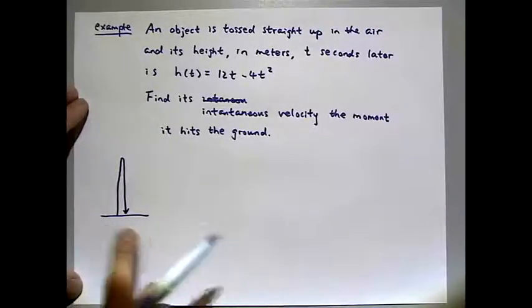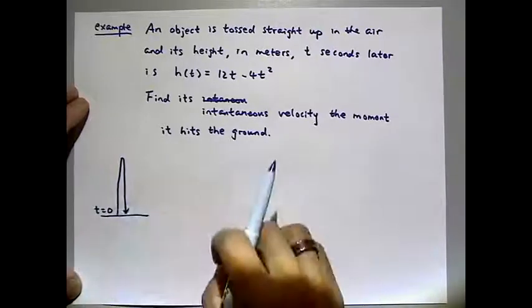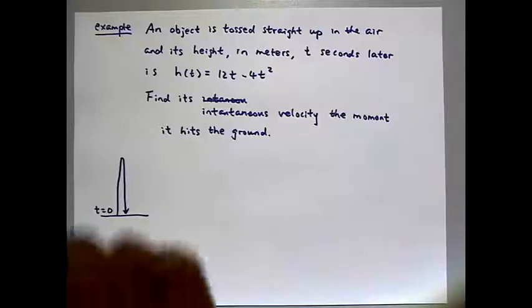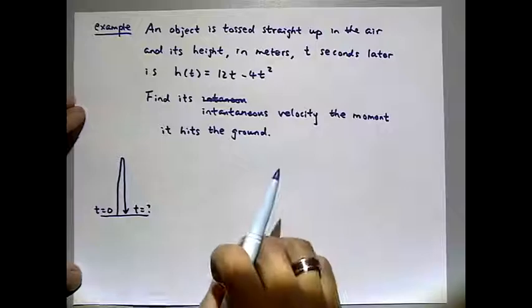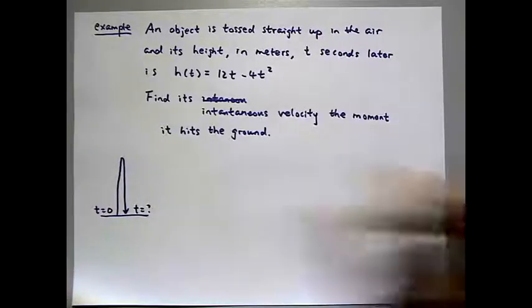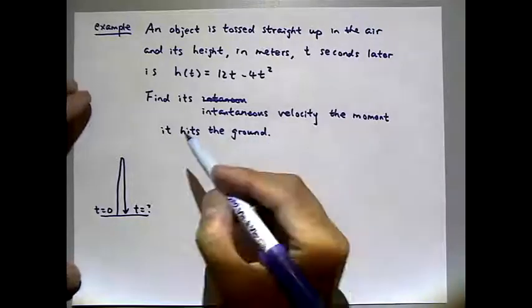If you look at this thing right here, we're going to say that t is equal to 0 is when we throw this thing up. It's customary to count time from the moment something starts. When it comes back down, right now we don't know what that second moment in time is. Okay, so what do we want?